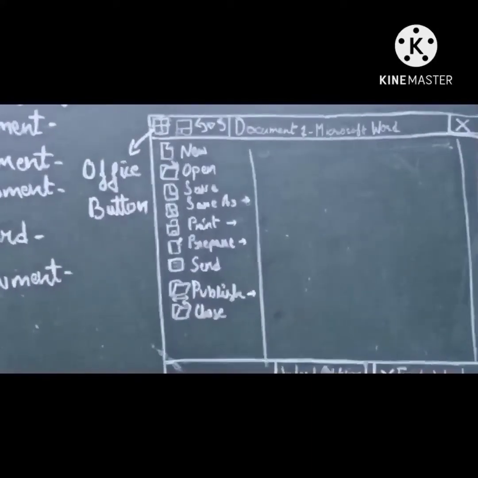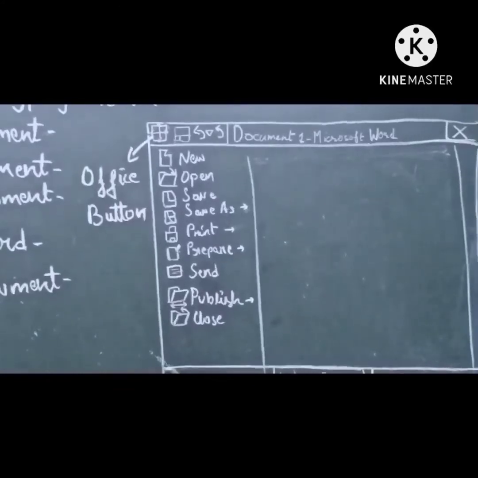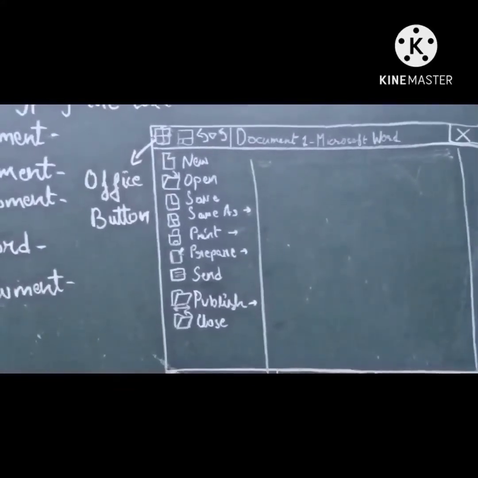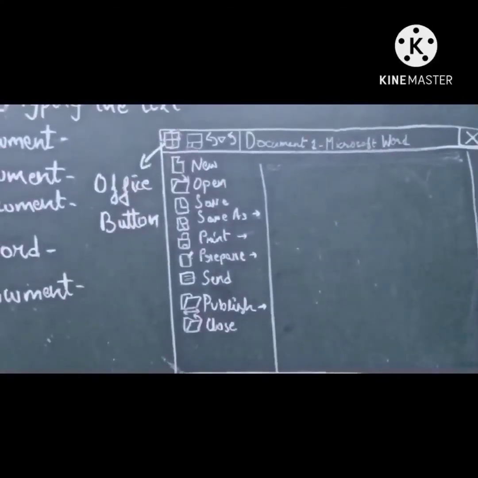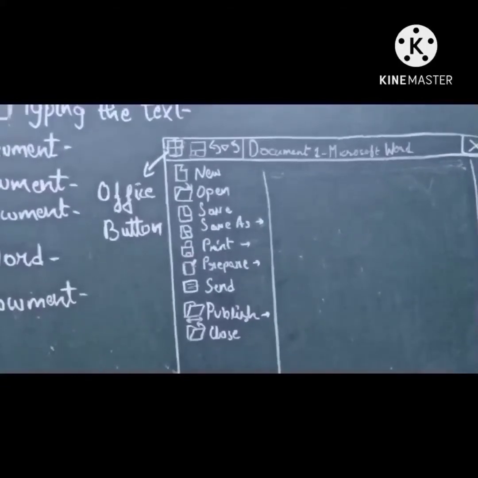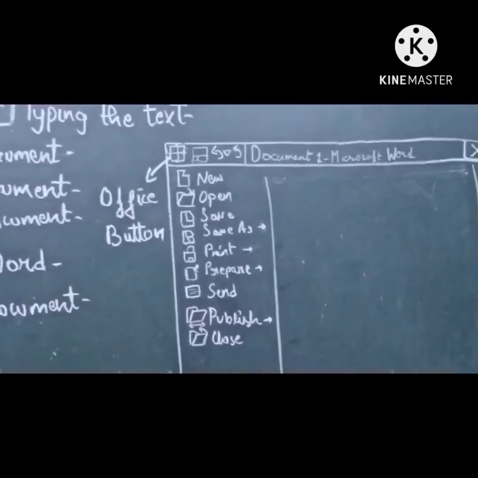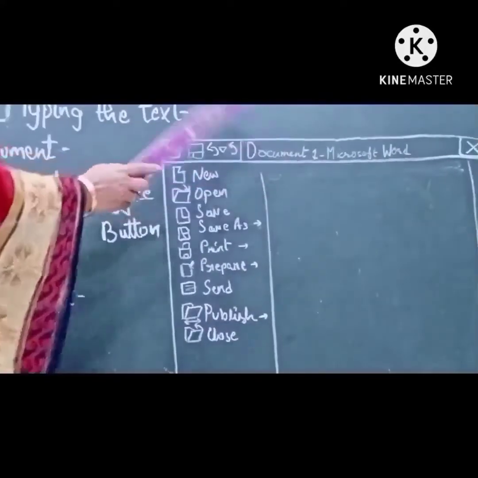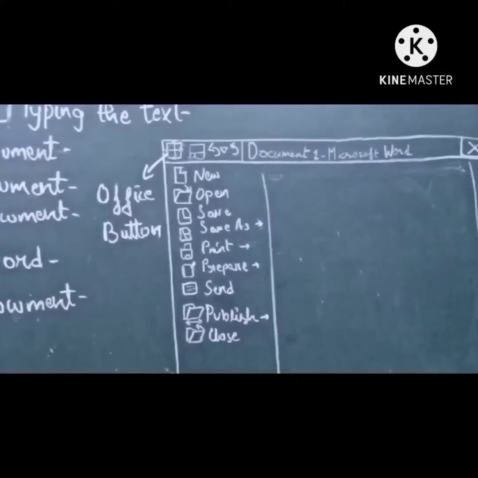You have to start typing the text. And you will find that the cursor automatically shifts to the next line. Children, do not press the enter key when you reach the end of the line. If you want to start a new line, children, only then you have to press the enter key.